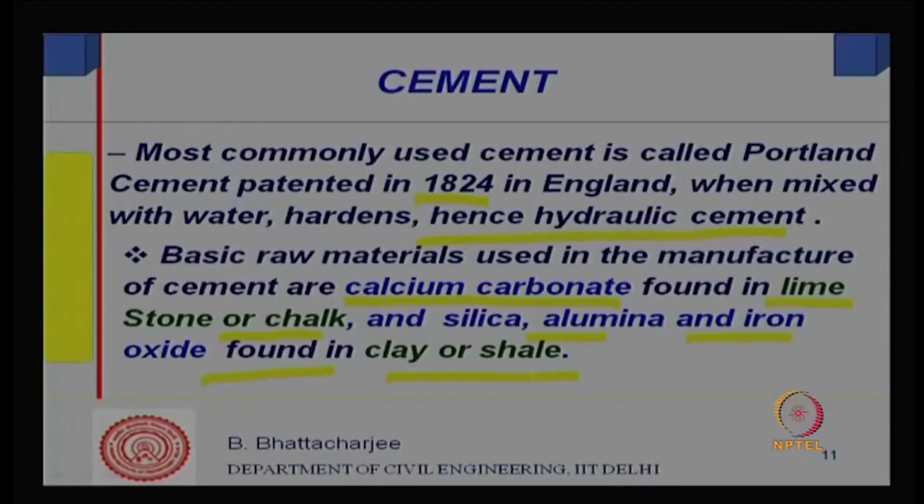And in case of lime and surki, or lime and pozzolana, lime and volcanic ash, you are using a reactive silica together with lime to get a similar kind of product. So, ordinary Portland cement, as we call it, is produced from lime and clay or shale. Essentially you are using the silica, alumina and iron present in clay or shale to get the cement.